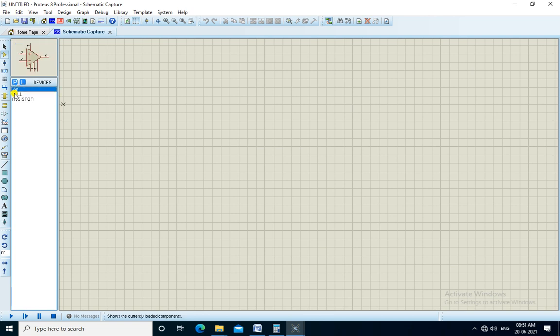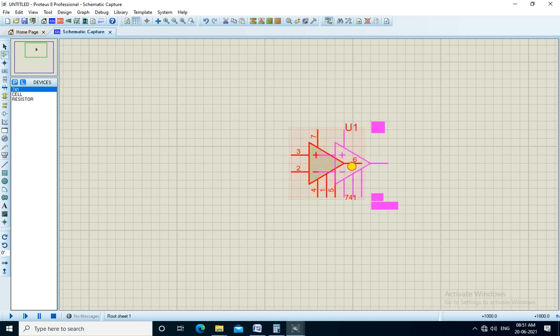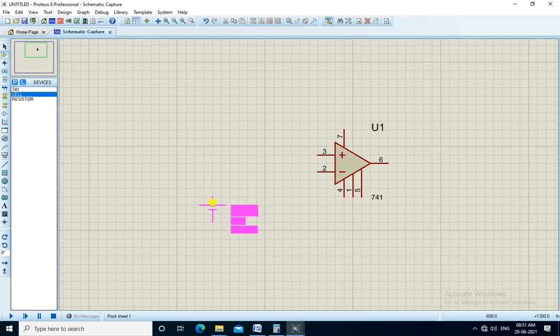Start from op-amp IC 741. We place the input voltage, place the resistors, input resistor Ri and feedback resistor here.